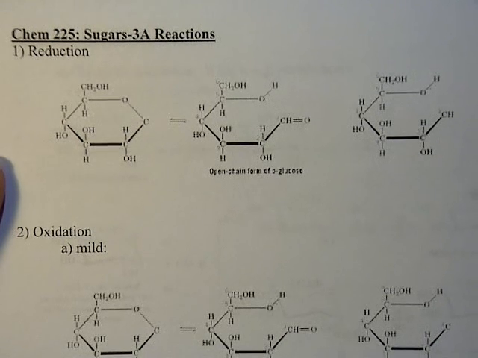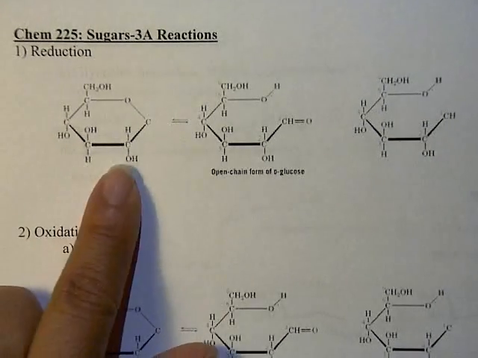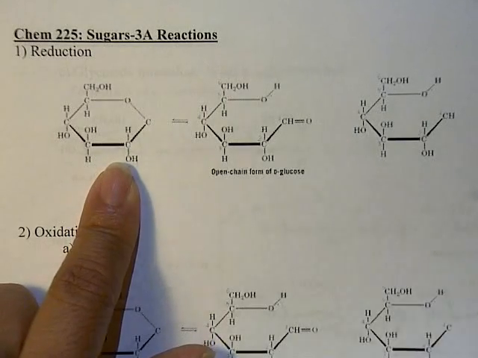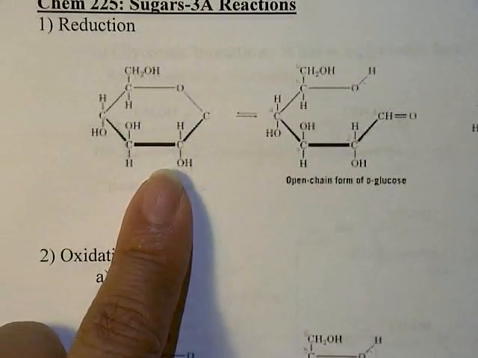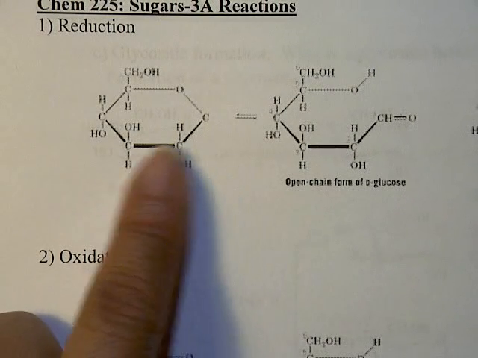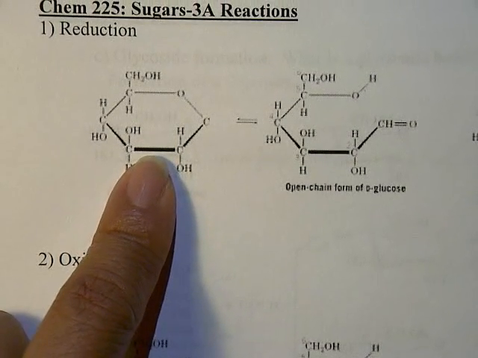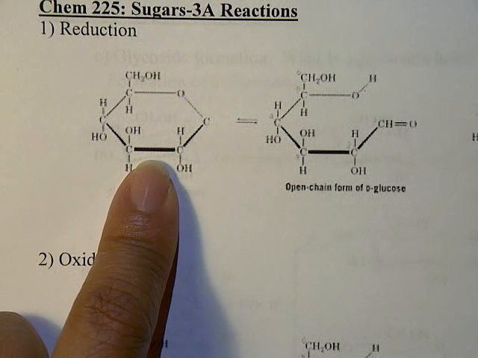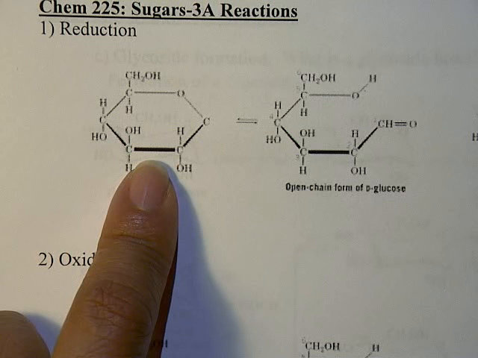All right, but as you can see, we know that sugars, monosaccharides, exist in solution in a cyclic form the majority of the time, but you know that under equilibrium there's a little bit of open chain available, and it exists in equilibrium.